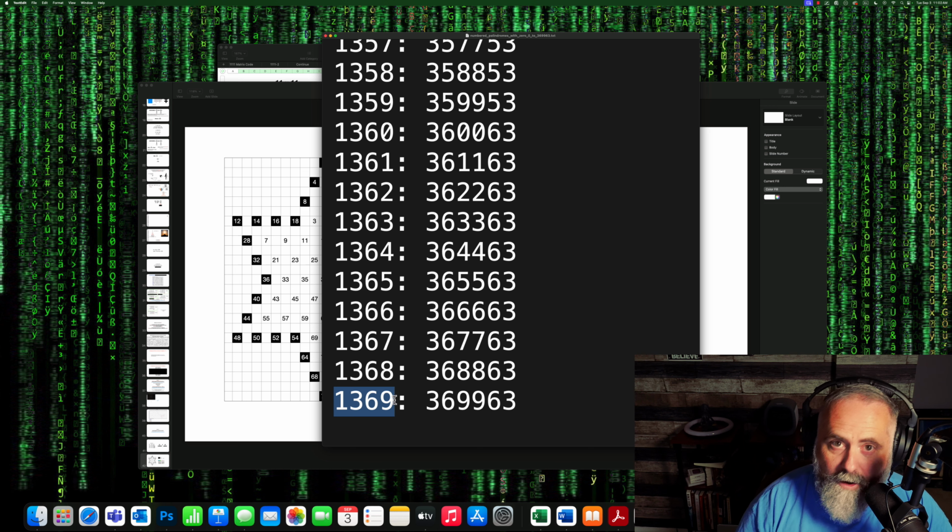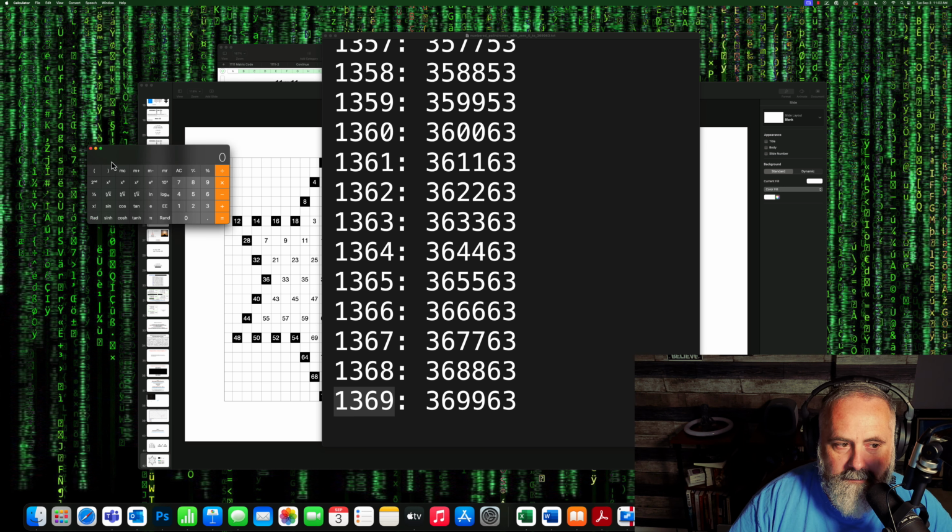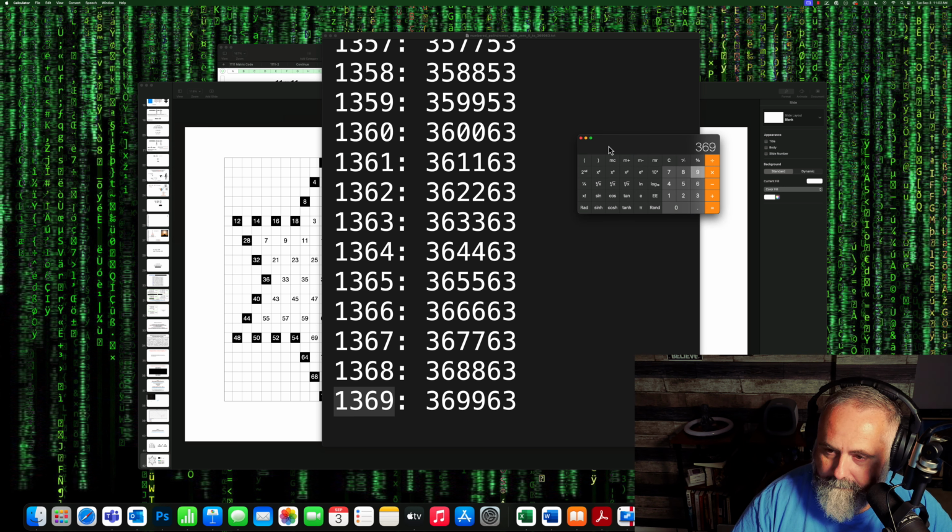And that's not all. Remember, the Genesis star was made up of the numbers 1369 and 1332. Here's the ultimate. 369 plus 963 is 1332.